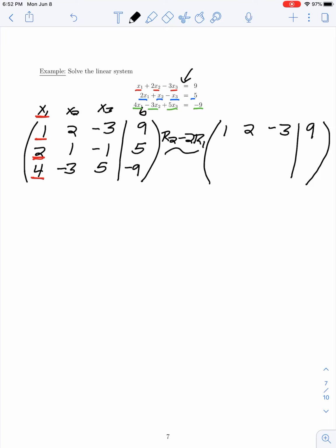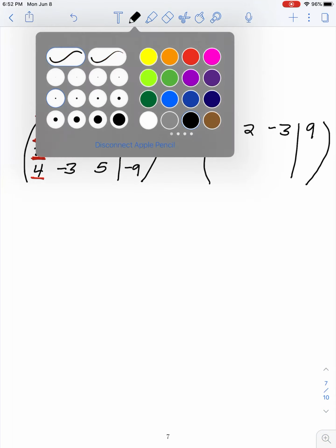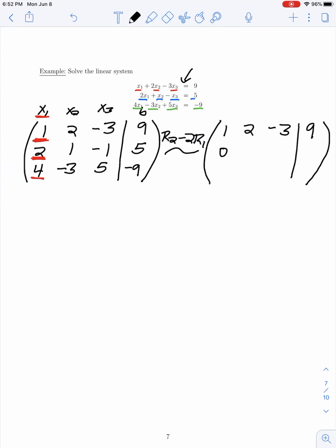When I perform this operation, let's see what we have. Taking negative 2 times my first row, I get negative 2, and then I'm adding it to the row below it. So negative 2 plus 2 gives me a 0 entry here. Taking negative 2 times 2, we have negative 4, and I'm adding that to a positive 1, so that gives me negative 3.